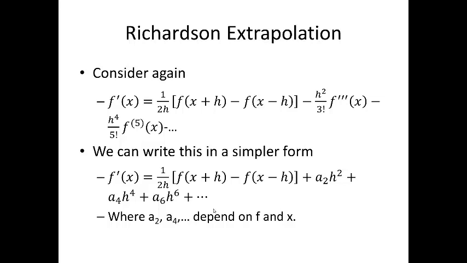We can write this in a simpler form. f prime of x is 1 over 2h times f of x plus h minus f of x minus h, plus a2 h squared plus a4 h to the 4th plus a6 h to the 6th, where a2, a4, a6, etc. are values that depend on f and x.